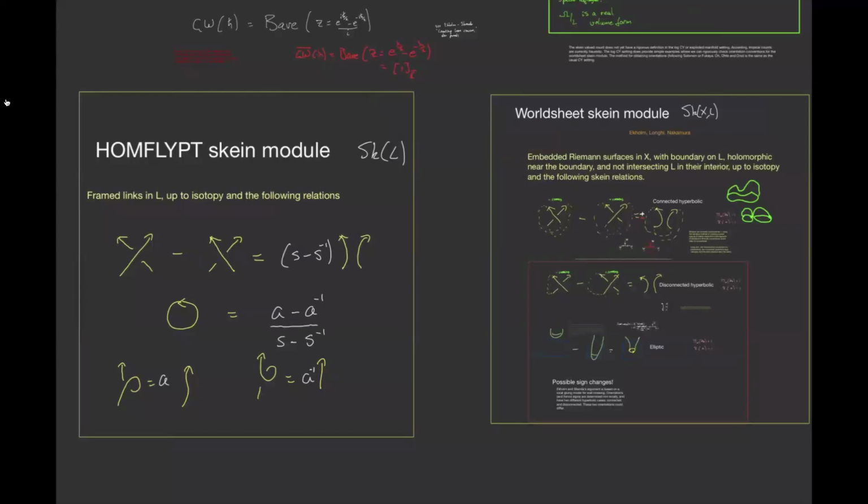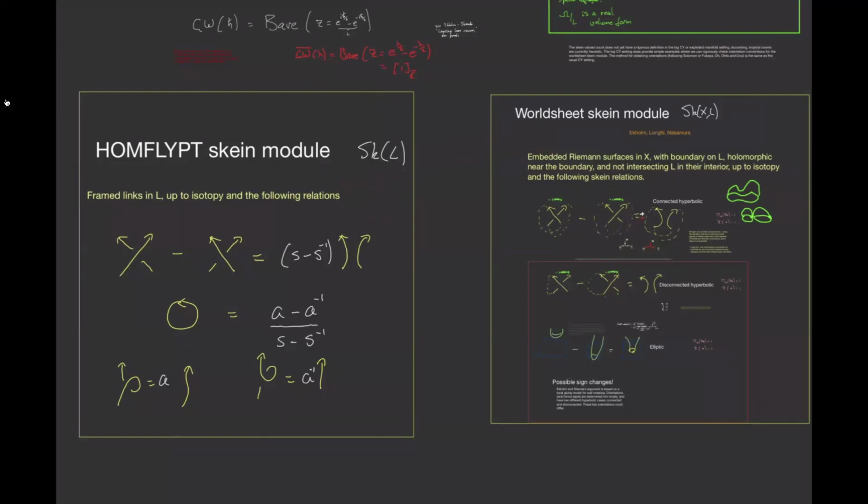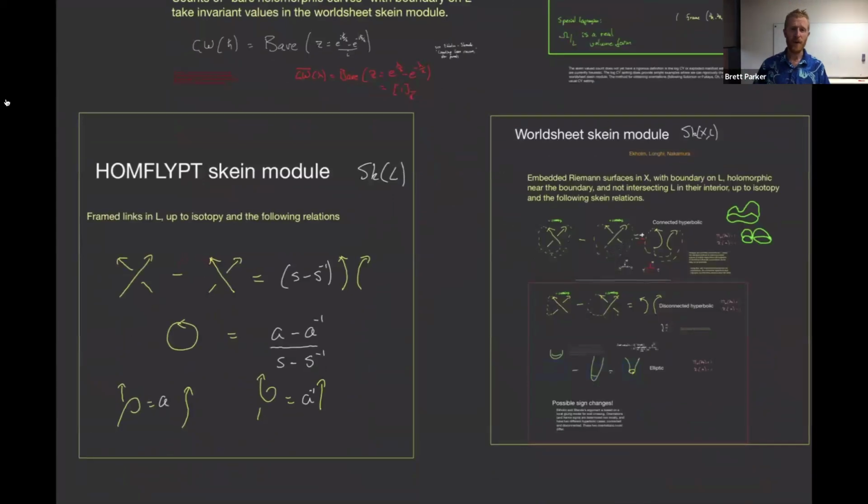Yeah, more numbers. And also there's the data you need to go from the worldsheet skein module to the HOMFLY skein module. In many examples I've been interested in, I find it a bit more difficult to get that data and have it act naturally. You don't want to choose the 4-chain and vector field and all that stuff. Yes, and in the examples I'm looking at, the 4-chain is a bit dodgy.